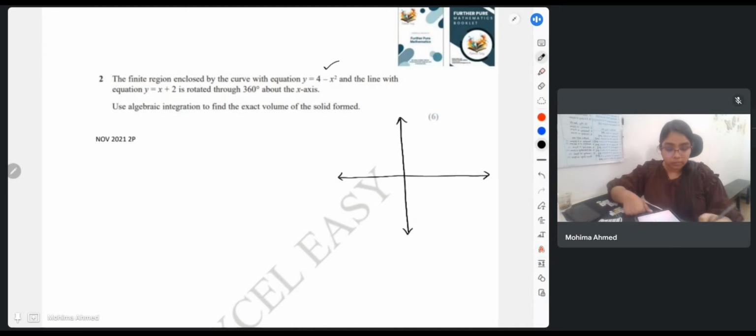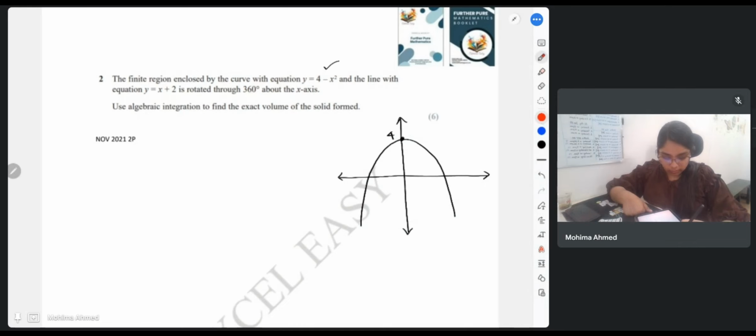This time you have a negative quadratic graph where it crosses the positive 4, right? This is positive 4. And again, you have the line y equals x plus 2.